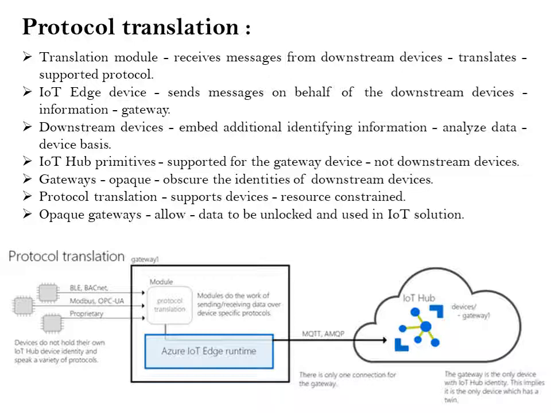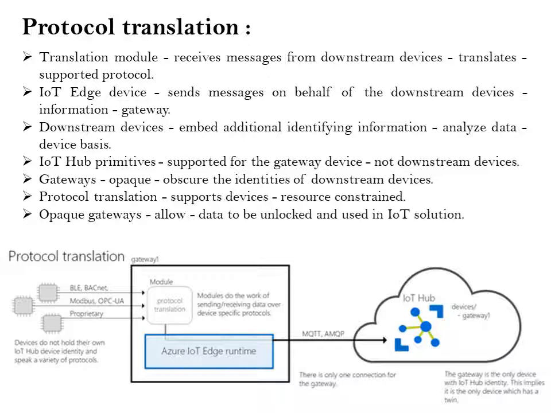Downstream devices must embed additional identifying information in their messages if cloud applications want to analyze the data on a per device basis. Additionally, IoT hub primitives like twins and direct methods are only supported for the gateway device, not the downstream devices.